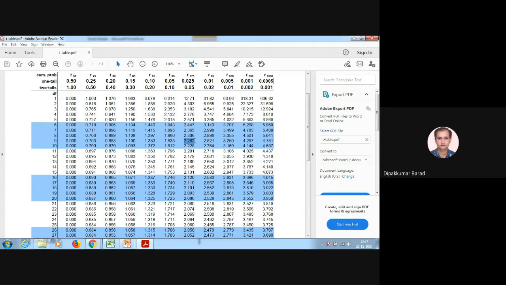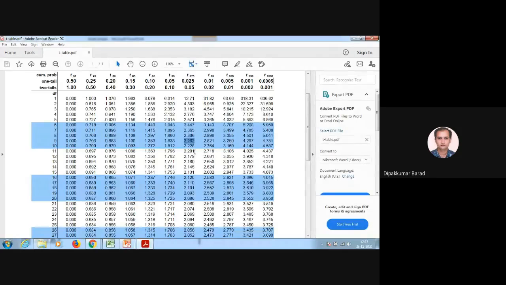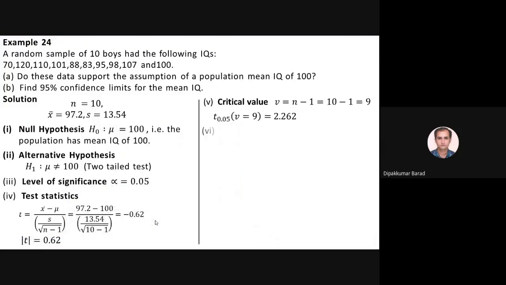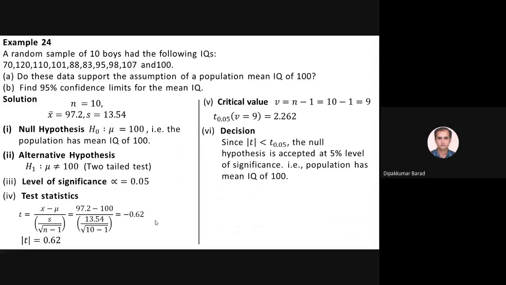Okay, 2.262 for degree of freedom 9 and a two-tail test. So the calculated t is less than t at 0.05.